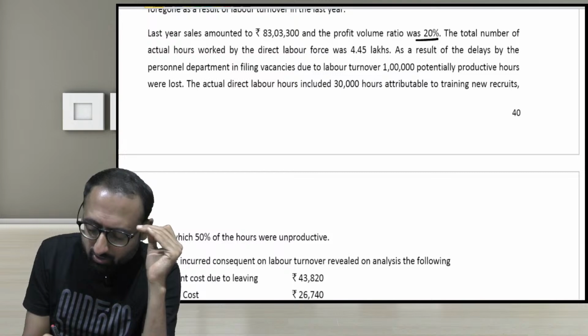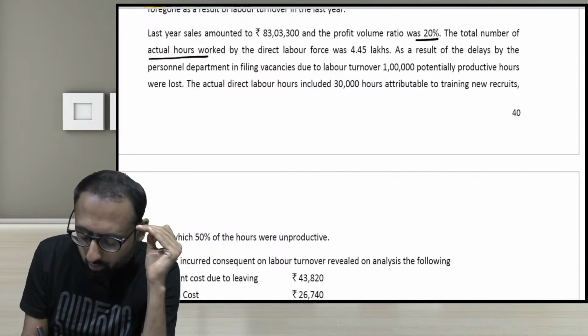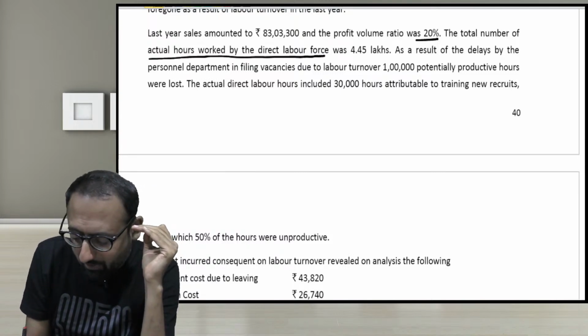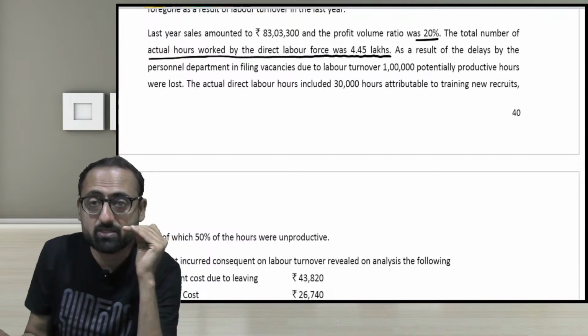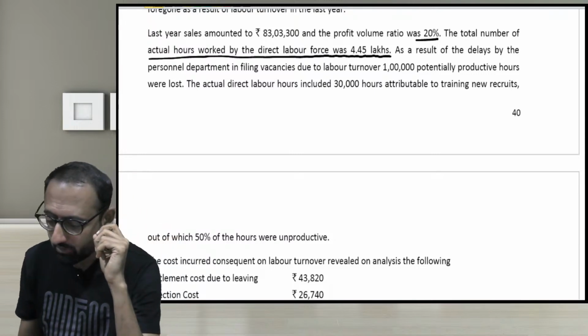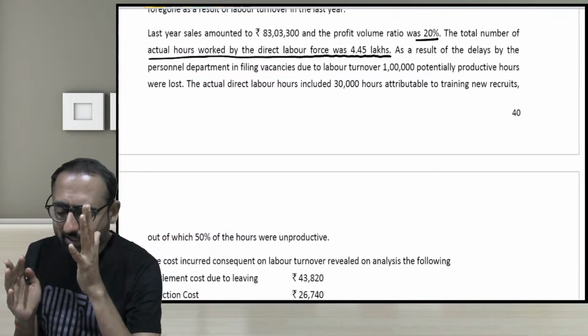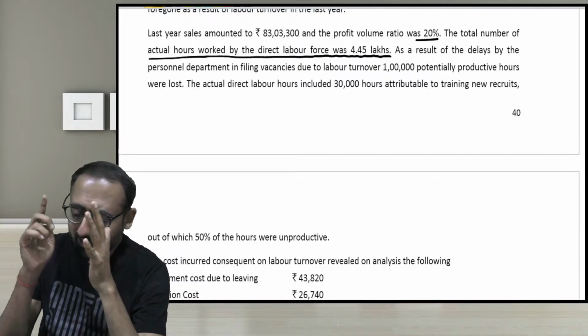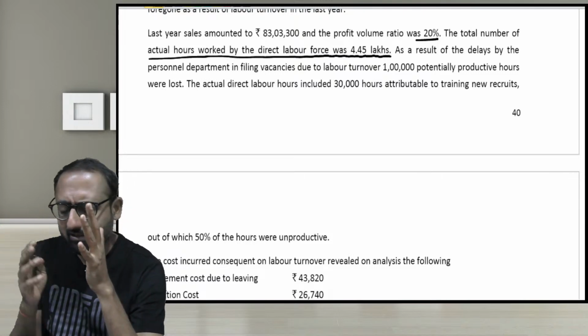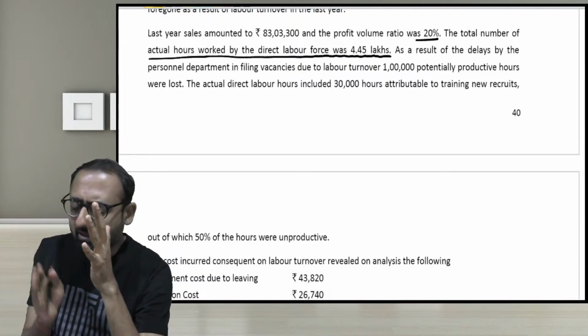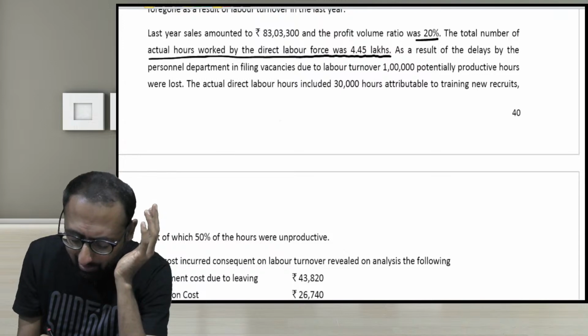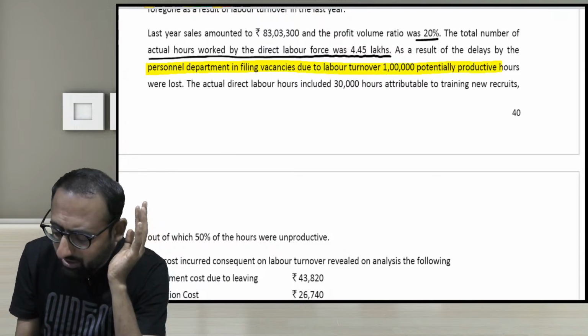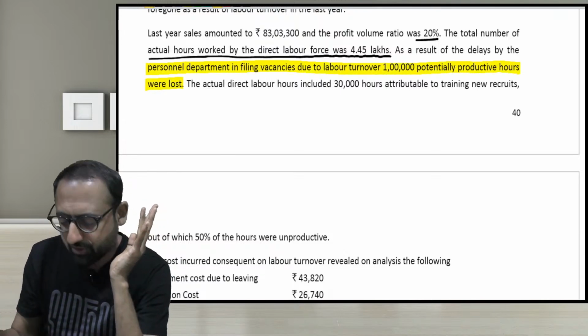Total number of actual hours worked by the direct labor force was 4.45 lakhs, 4,45,000 in the last year. As a result of the delay by the personnel department in filling the vacancies due to labor turnover, 1 lakh potentially productive hours were lost.